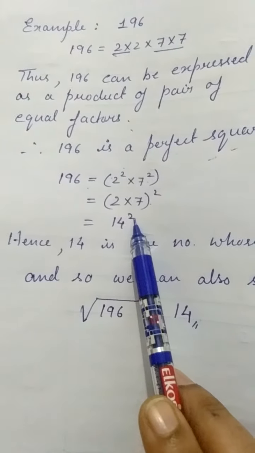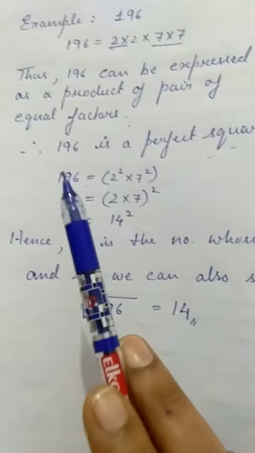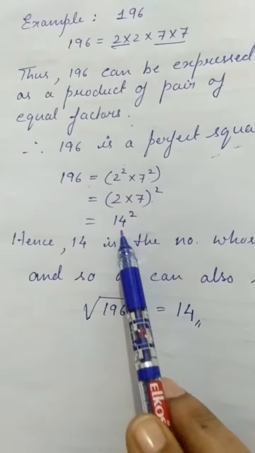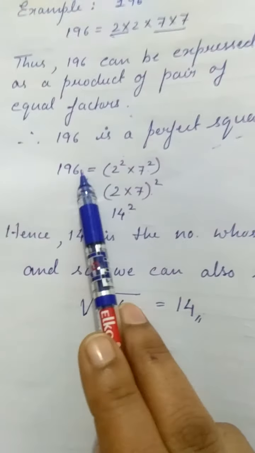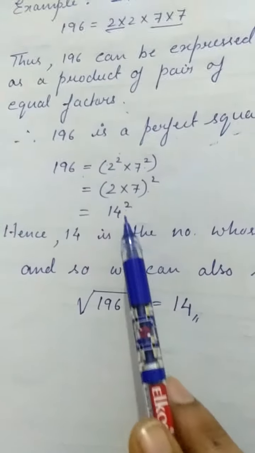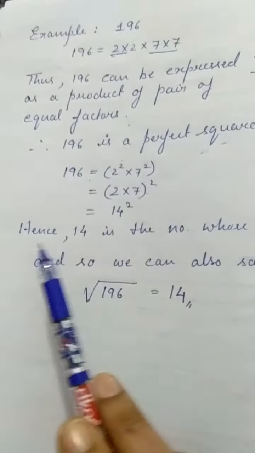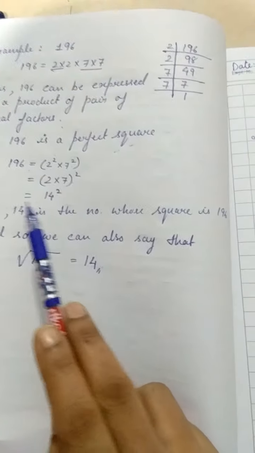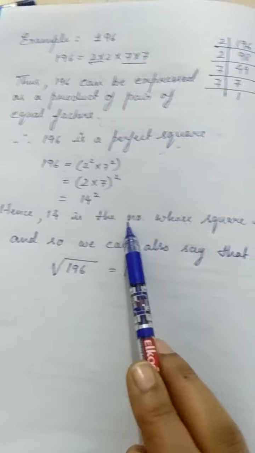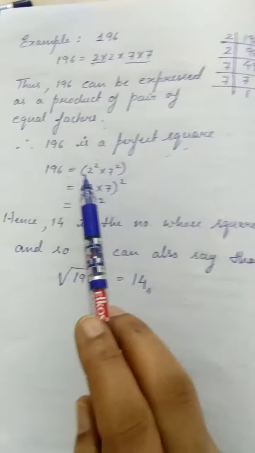So we are coming to the concept, children, that 196 is square of 14. 196 is a perfect square number. Reason? It is square of 14. Hence, 14 is the number whose square is 196. Got it? 14 is the number whose square is 196.